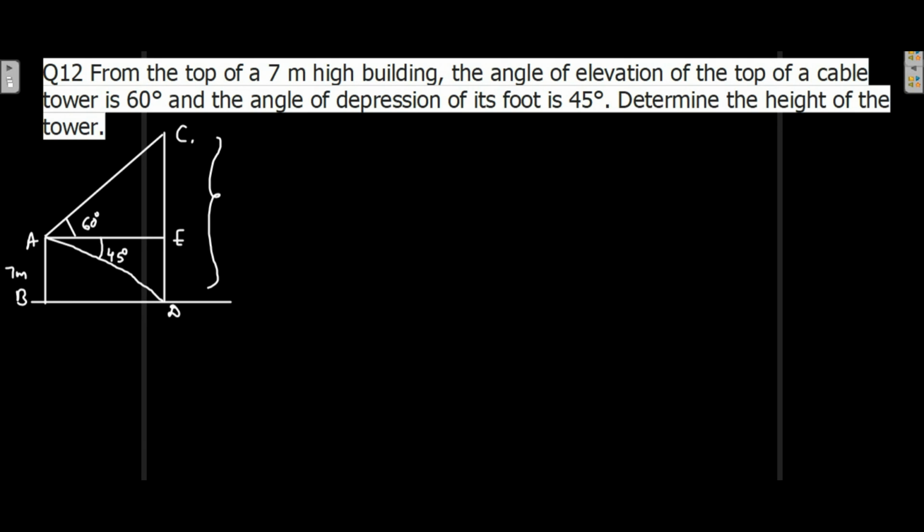Now we have two triangles. One is triangle ACE, where this angle is 60 degrees and this angle is 90 degrees. And then we have triangle ABD. Now you can see very well that AE and BD are parallel to each other.